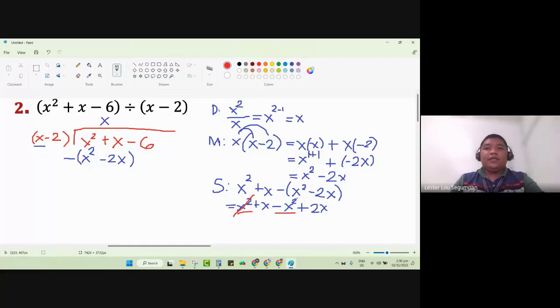Means this is already removed. The remaining will be these terms here. They are like terms, x. So we operate them. 1 plus 2 will have the first difference of 3x. This first difference will be placed here, 3x.